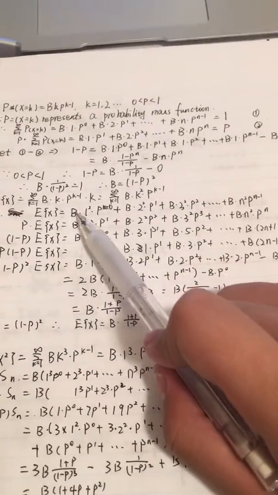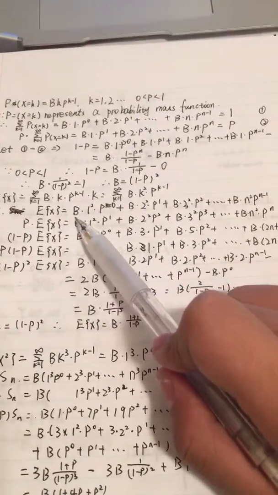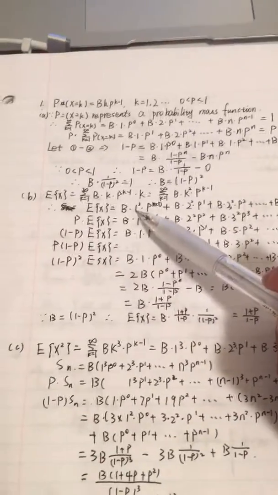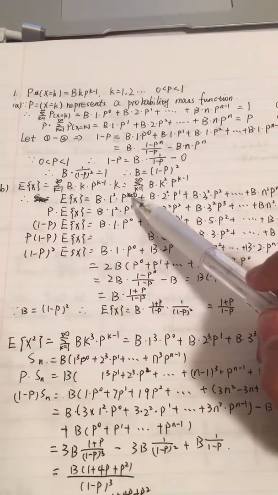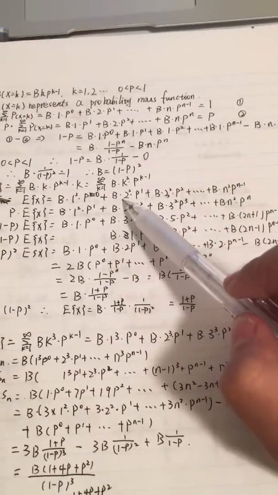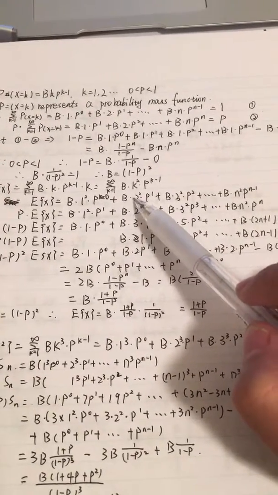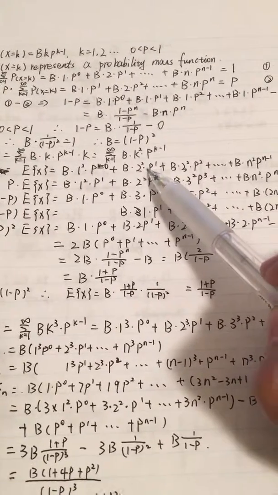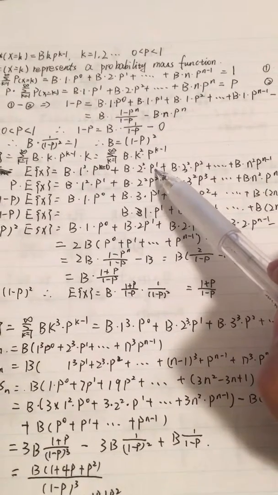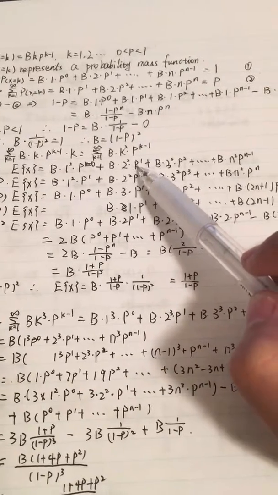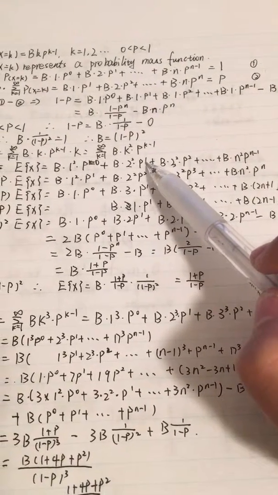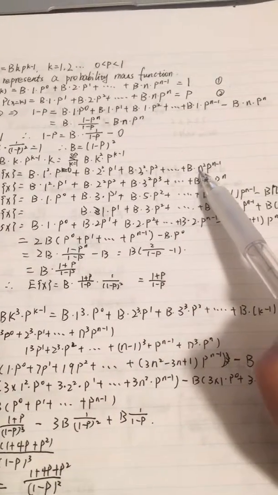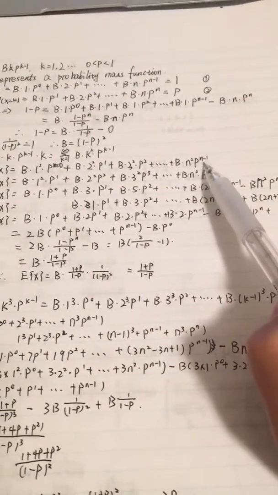We can get this formula: E of X equals b multiply 1 square multiply p to 0, plus b multiply 2 square and multiply p to 1, and plus b multiply n square and multiply p to n minus 1.